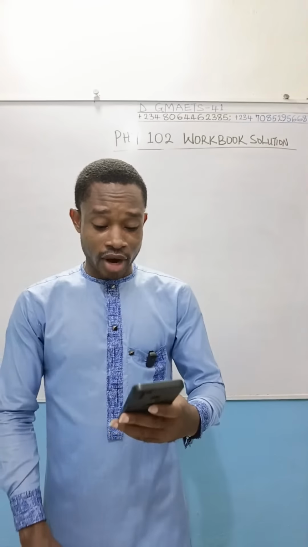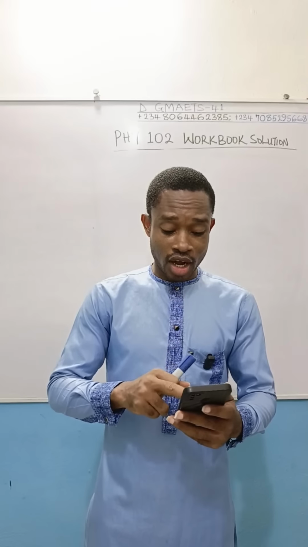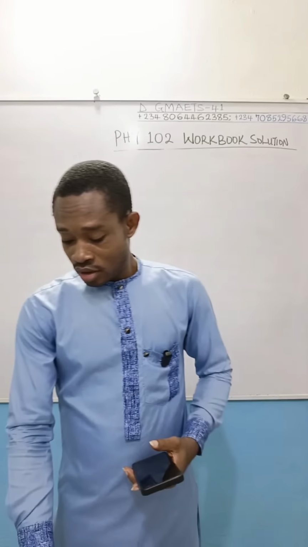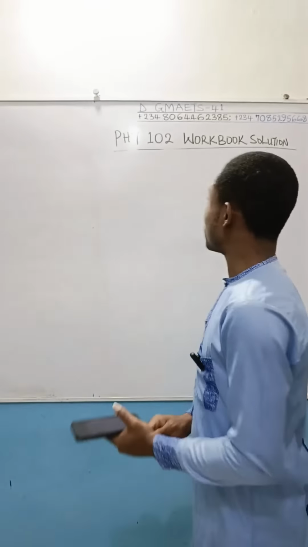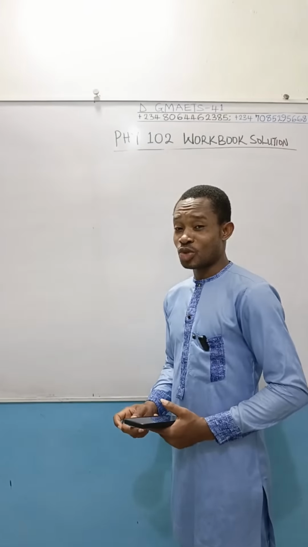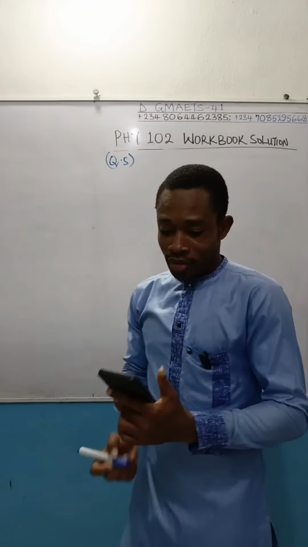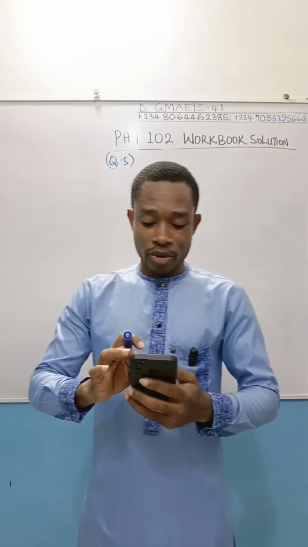Let us kick off right away. We have limited time. Like I said, we are going to look at question number 5, the first question we're going to deal with, still on chapter 2. I am not going to copy the question on the board.